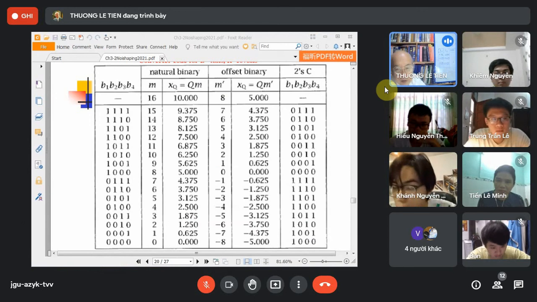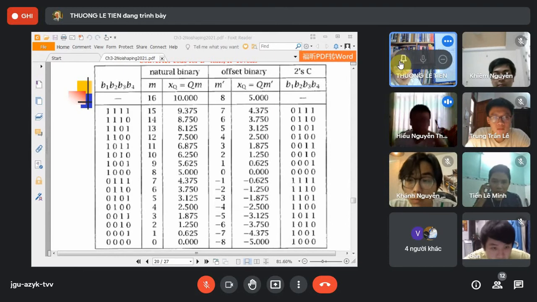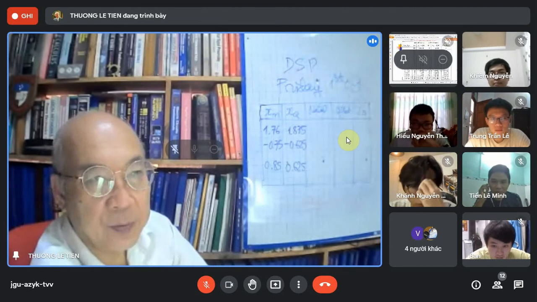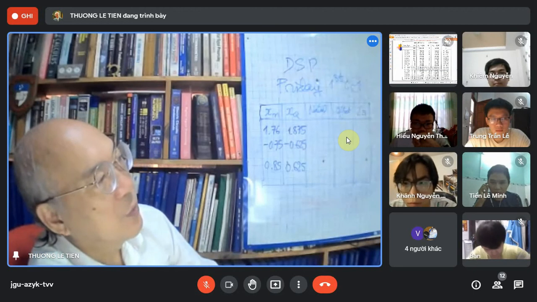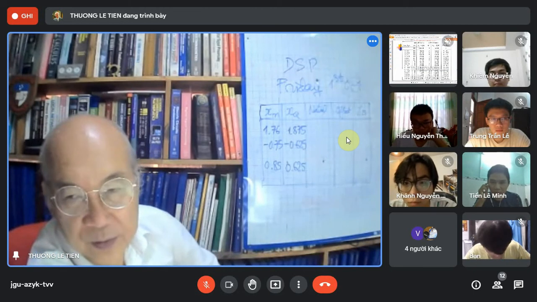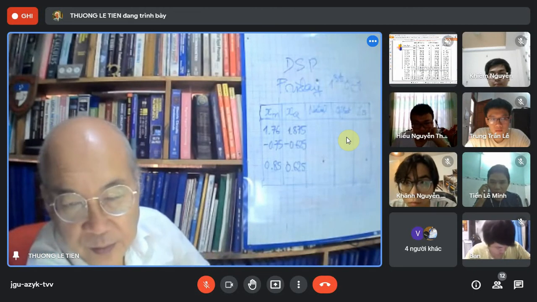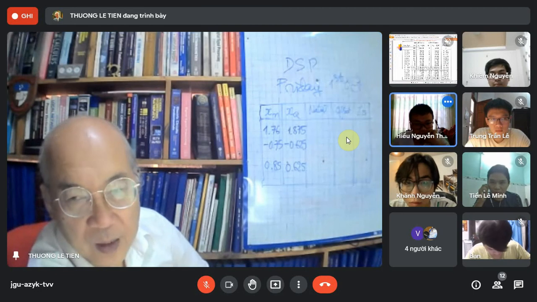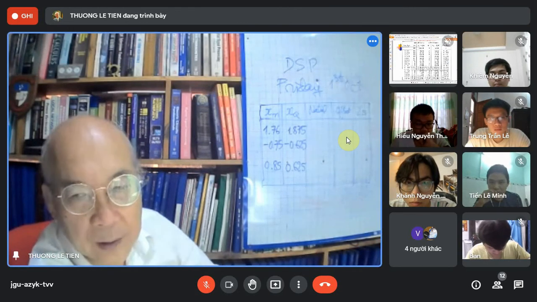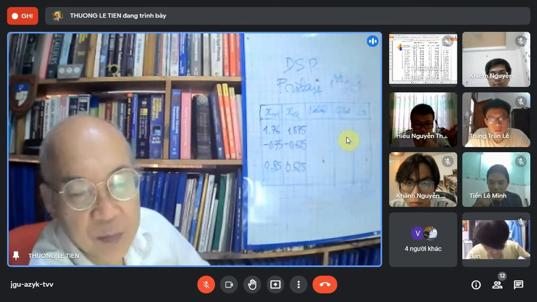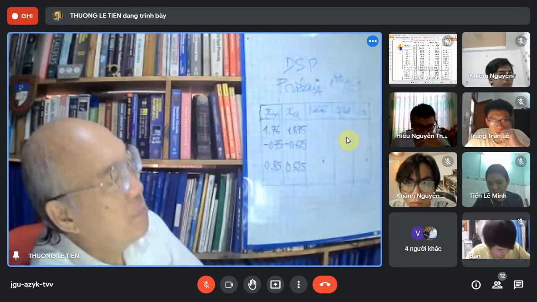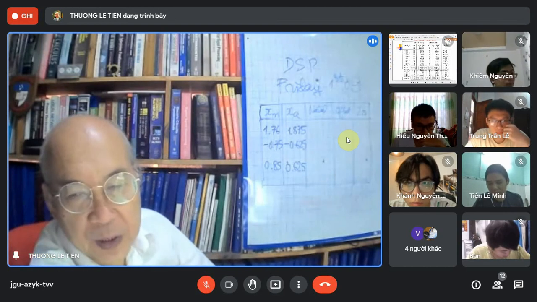What is the half Q in this case, Hill? Half Q, the maximum quantization error. SQ. Half Q. Specify for maximum, the maximum of quantization error.